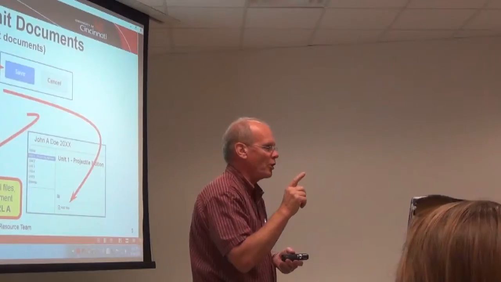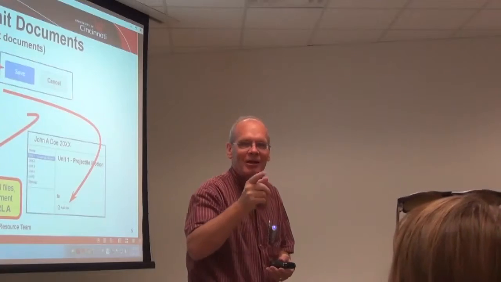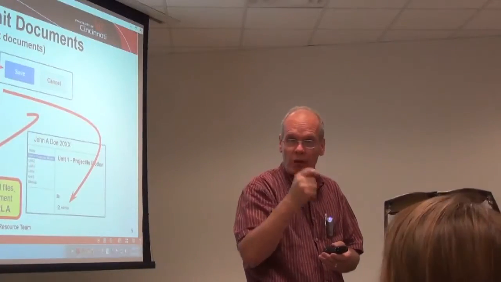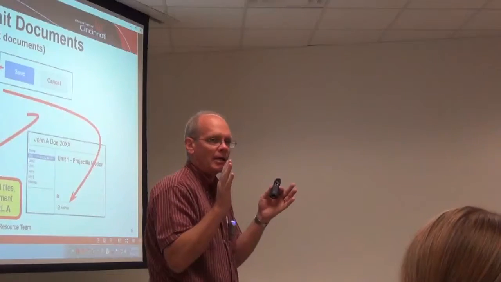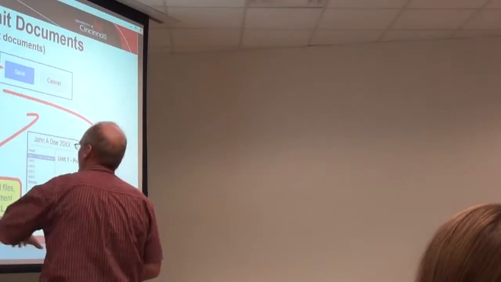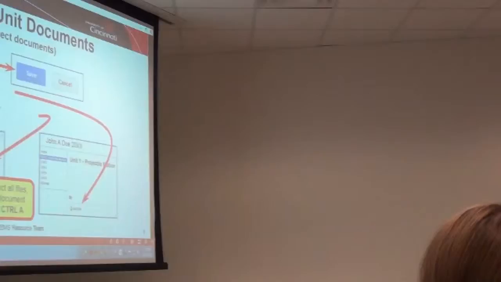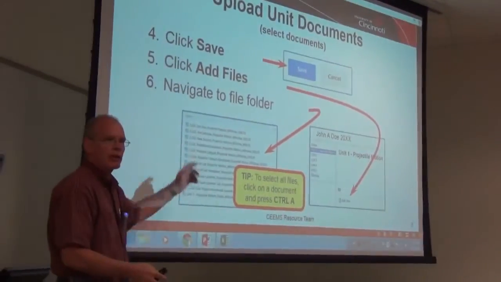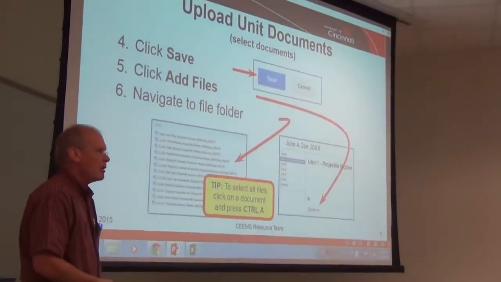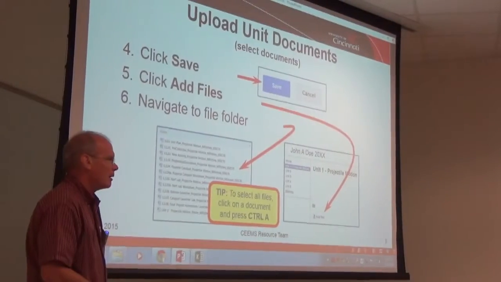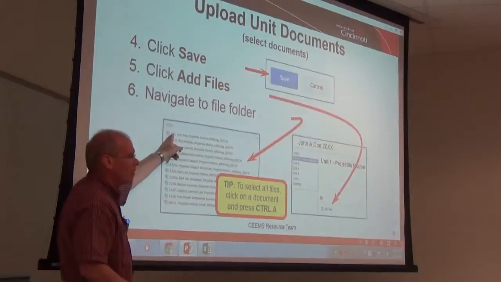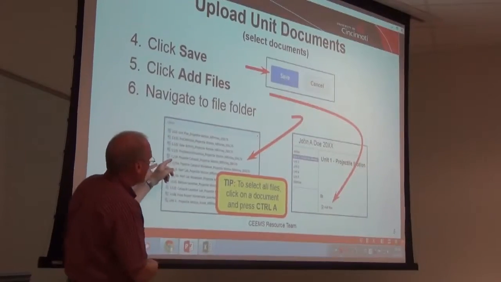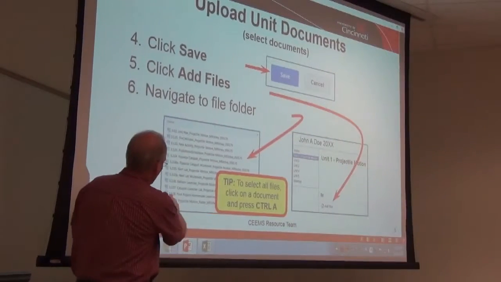Now what do you want to do? Click on the file you want to upload. Well, double click it so that it opens it up. Okay. Now, how do you select these files? I always click the first one, hold down shift and click the last one. Okay, so click on the first one and then hold the shift key down and click on the last one.